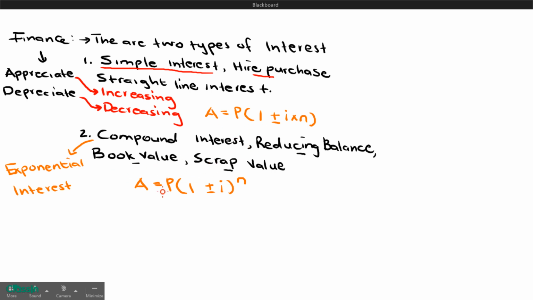The only difference between simple interest and compound interest is that here the n is inside the bracket, but here n is outside the bracket and is an exponent. But the meaning of the variables here and there are the same.